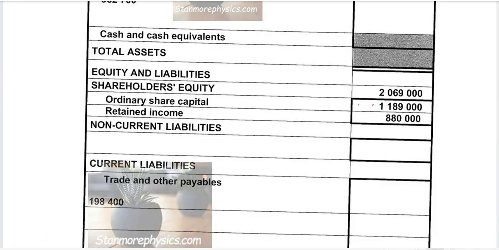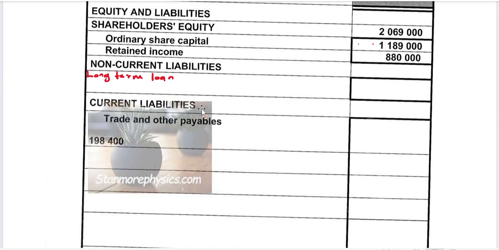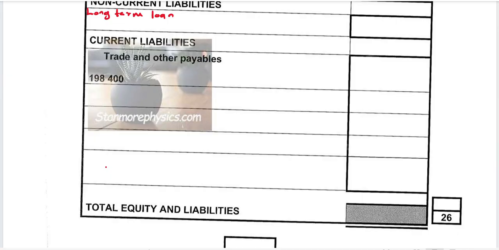So we have non-current liabilities. Under non-current liabilities, we all know from grade 12 that we have a long-term loan, or long-term borrowing. Then we have current liabilities: trade and other payables.